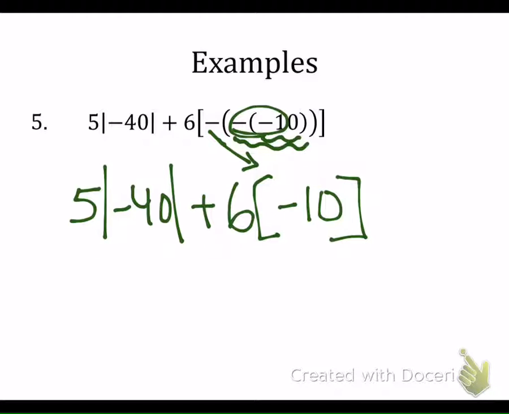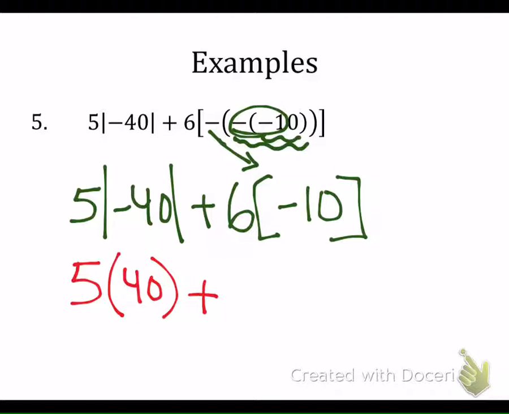Okay, I'm going to do the absolute value with the grouping symbols. So what is the absolute value of negative 40? 40. That is going to turn into just a multiplication symbol. If you want to use a dot, go for it. If you want to make it a bracket instead of absolute value, go for it. But once we take the absolute value of a negative number, it becomes positive.